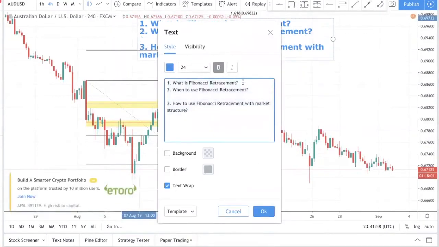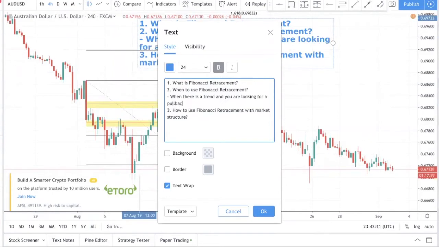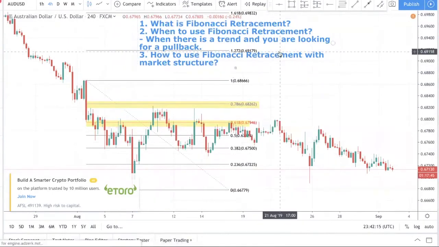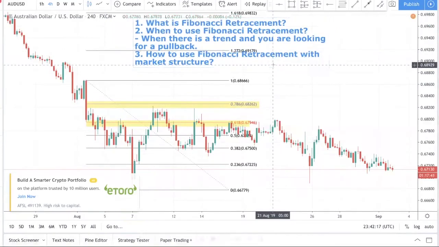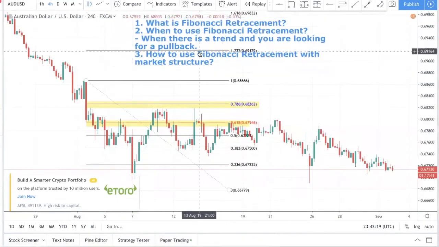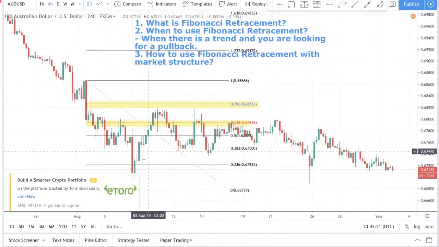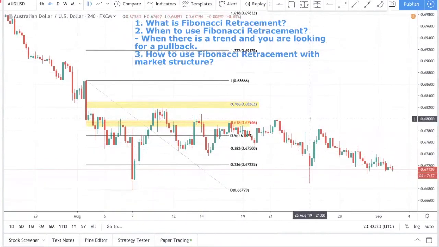You use it when there is a trend and you are looking for a pullback. Naturally, you assume that there's a trend and you want to trade the pullback. So take note that this is Fibonacci retracement.